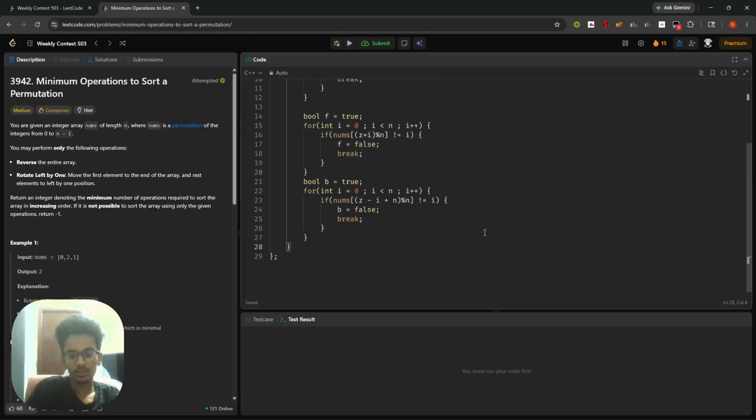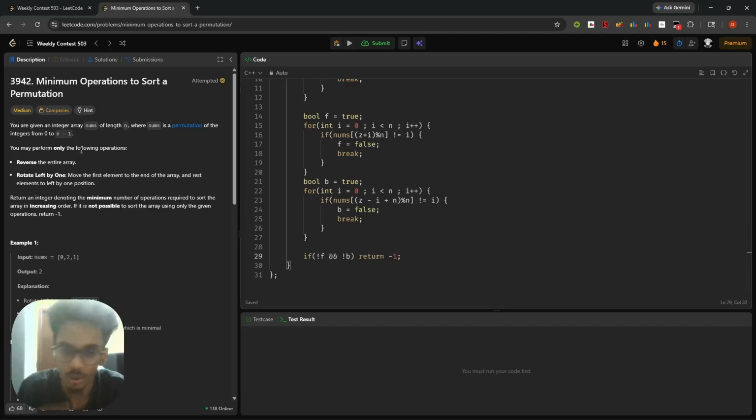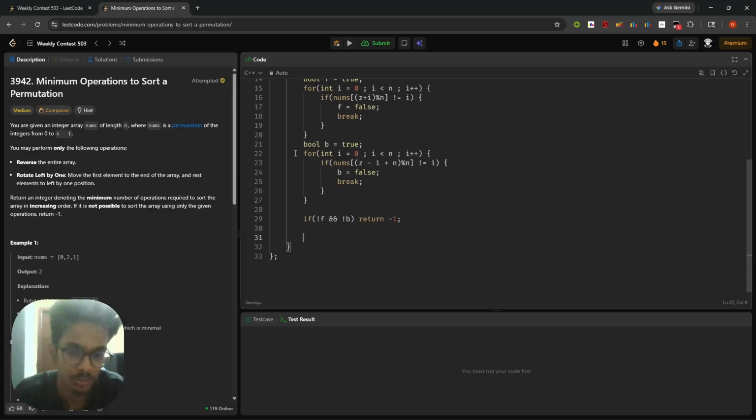So no matter what, if it's not a forward cycle, and if it's not a backward cycle also, can I say that using the given set of operations, which is reversing and left rotating by 1, it is impossible to make it sorted. If it's neither a forward cycle nor a backward cycle, it is impossible. Fine.